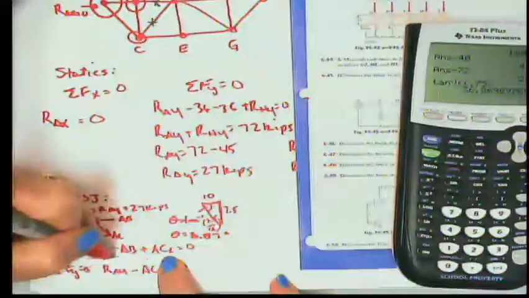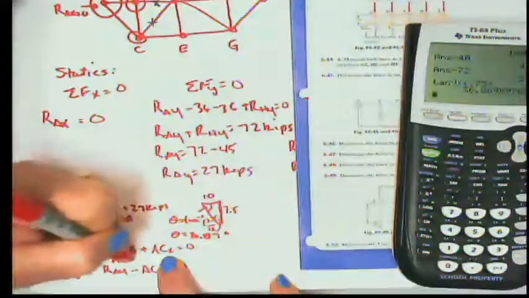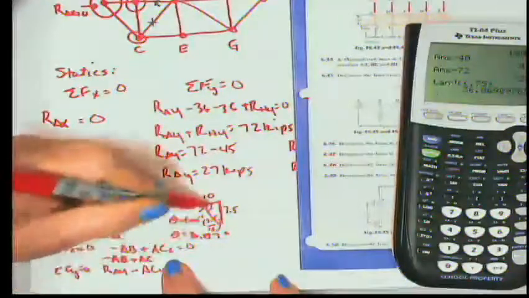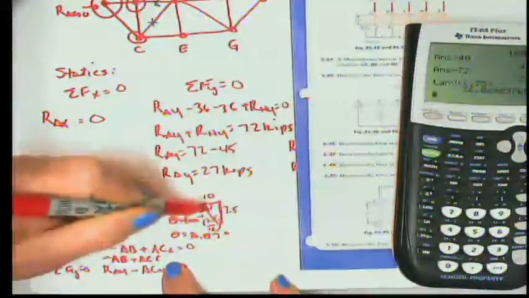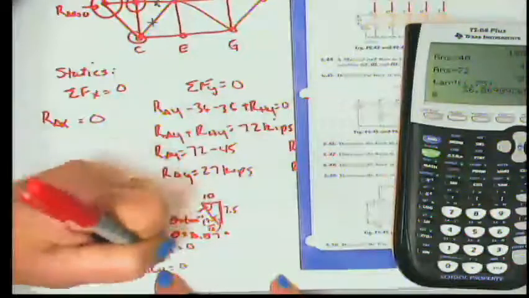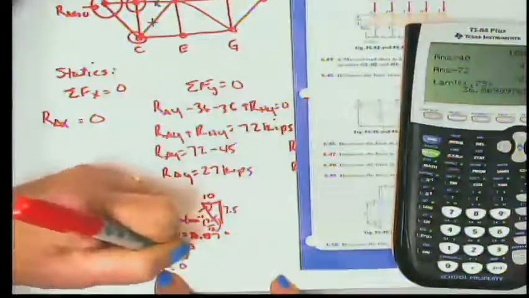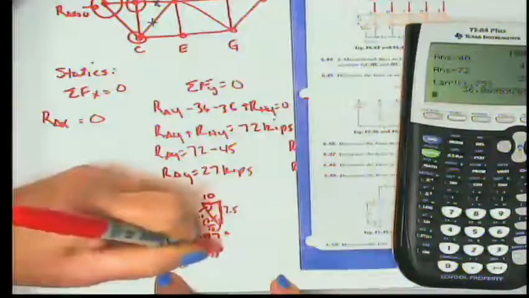All right. So then I can use that. So I can say then minus the force in AB plus the force in AC, but I only want the X component. So if this angle is 36, that would be times the cosine of 36.87 degrees equals 0.